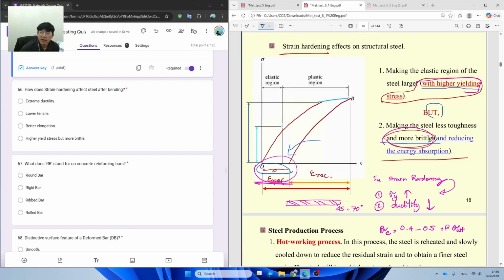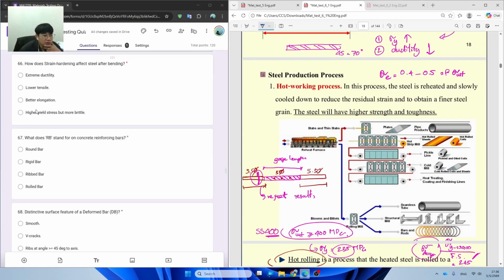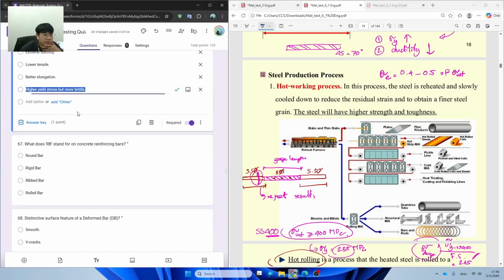And if we form the shape as the cold form steel a few more times, it changes its behavior from a ductile material to a brittle material.